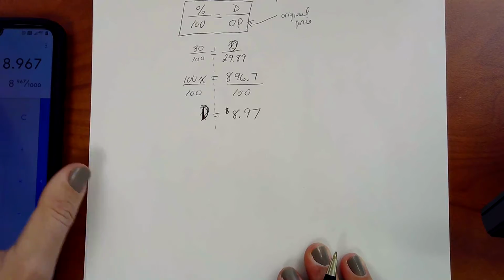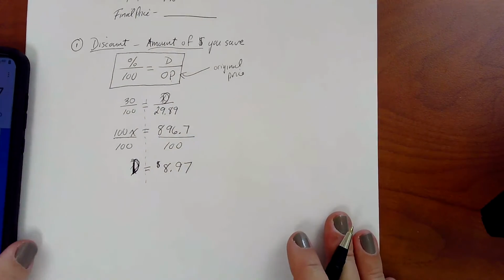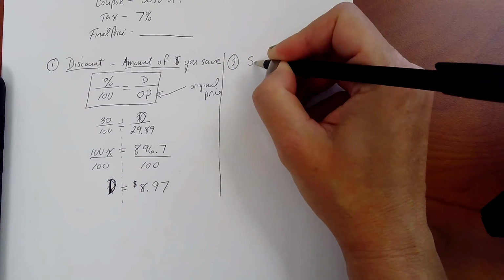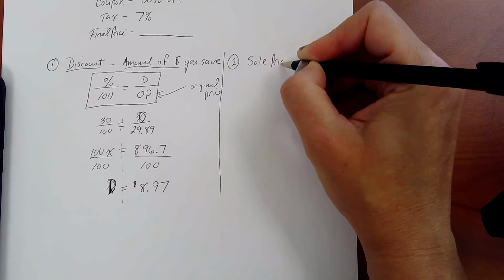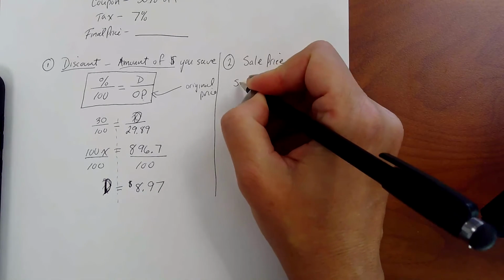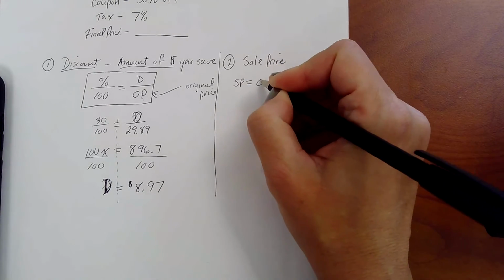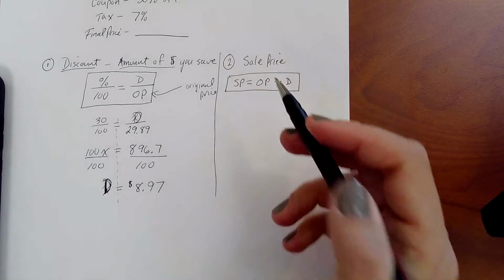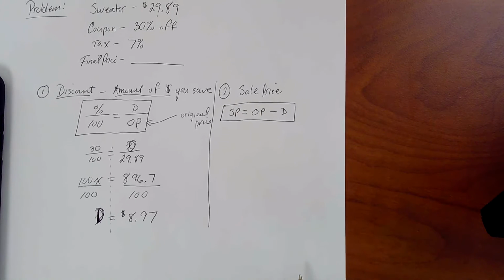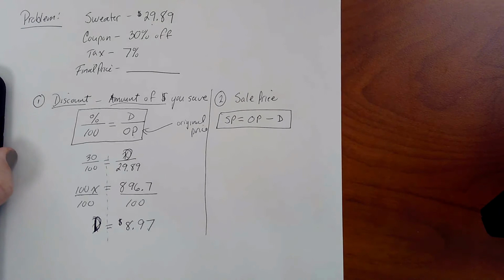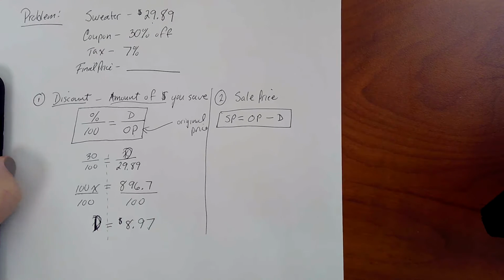Okay, so that's the first thing we have to do. The second thing we always have to do, I'll put it over here, is find the sale price. And the way you're going to find the sale price is also a formula. So sale price, you take the original price and subtract the discount, obviously, right? You take the amount of money you're saving and take it away from what you were going to pay. That makes sense.